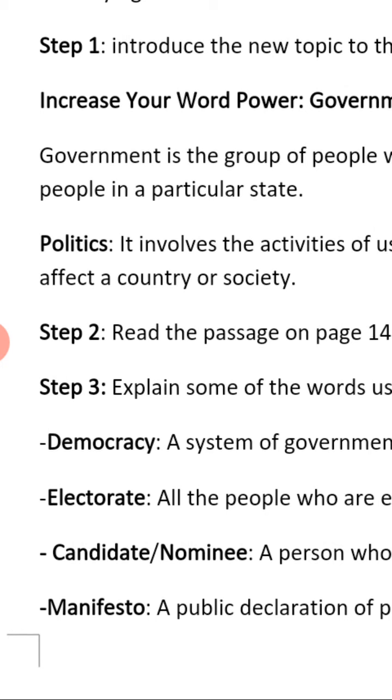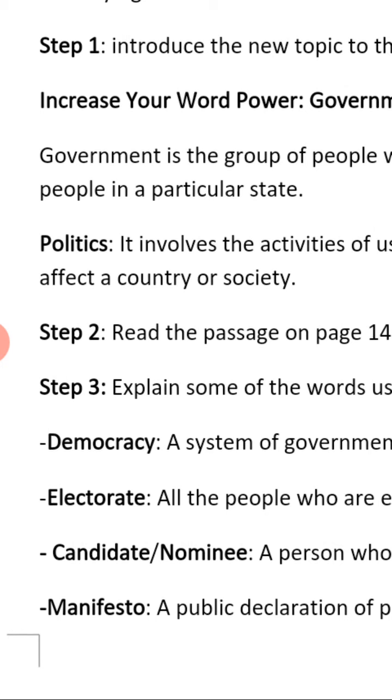The legislature is concerned with making laws which the executive executes, that is, carries out. In other words, the executive cannot make laws of its own, and it must not go beyond the laws made by the legislature. The executive is also responsible for the day-to-day running of the affairs of government.